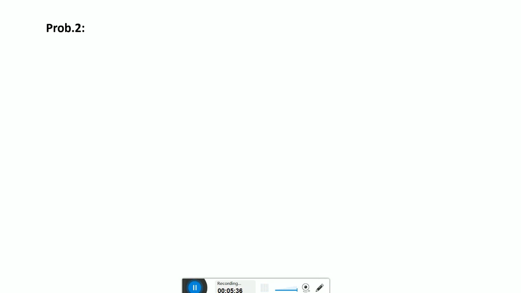Second problem. A train is traveling due east at an average speed of 120 km per hour. How far does this train travel in 5 seconds? So first of all, we have to write down given parameters.